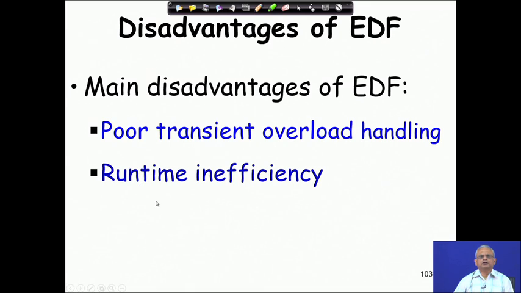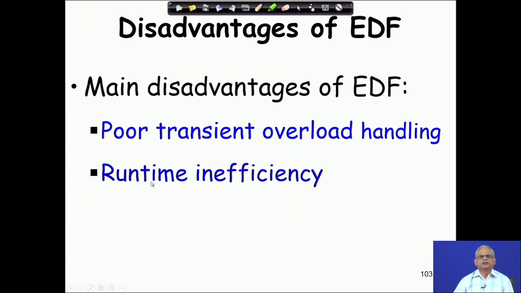So, runtime inefficiency of the algorithm. We will see some efficient implementations of the EDF scheduler, but still those are not good enough. The other schedulers are much more efficient. So, the first point is poor transient overloading.